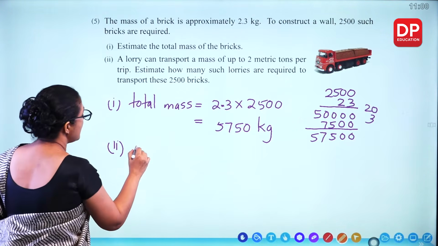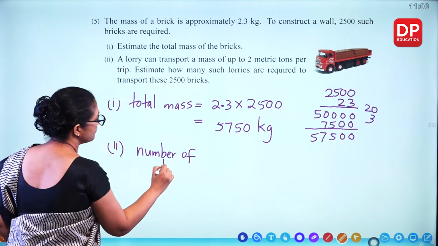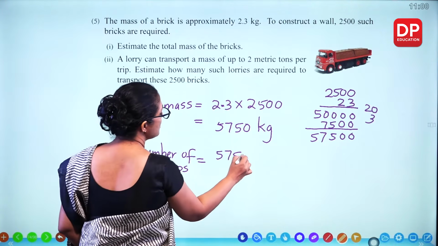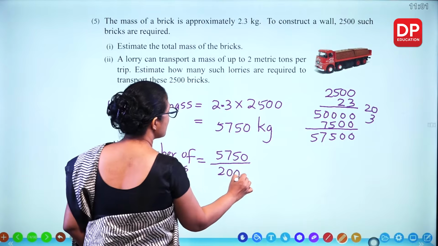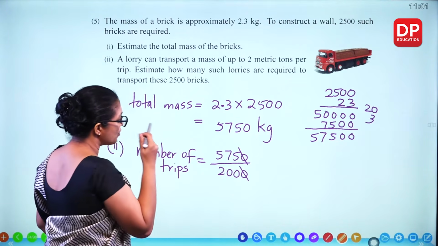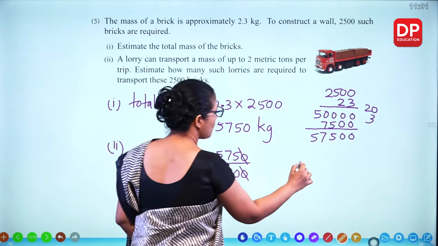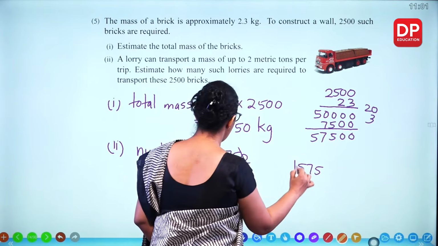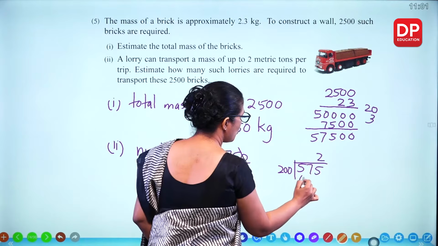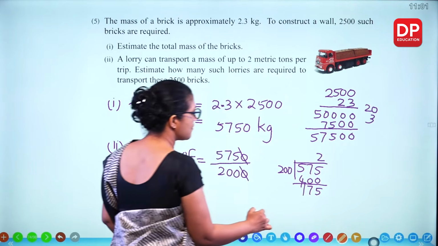So we'll see the number of trips. 5,750 divided by 2,000. The zeros get cancelled out. Now you can divide 575 divided by 200. 2 times 2 is 400. So what's the remainder? 175.